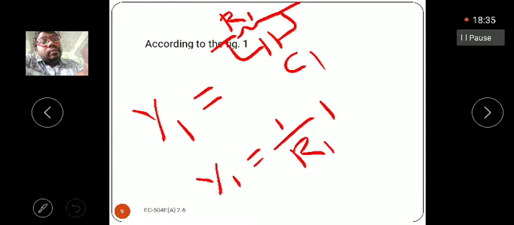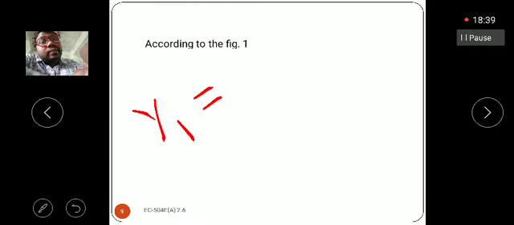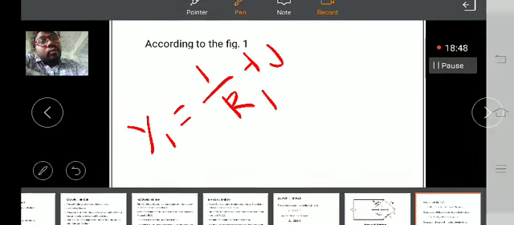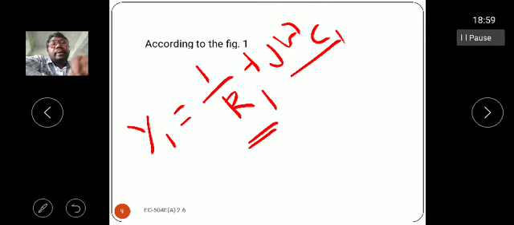That means the total admittance of the first arm is Y1 equal to 1 by R1 plus j omega C1. This is the numerator part, and R1 is the denominator part. This is the admittance of the first arm.